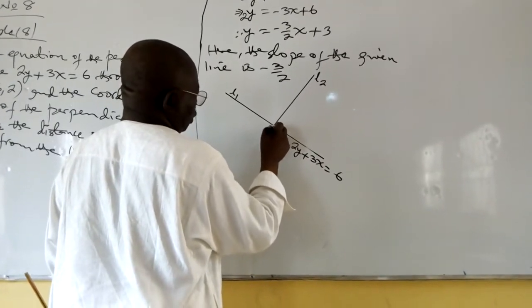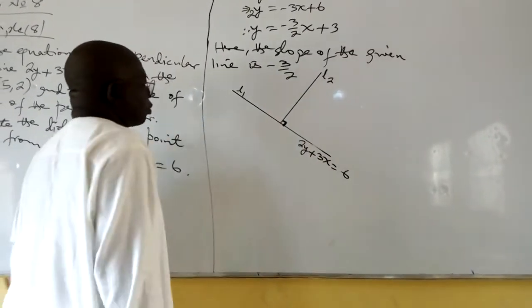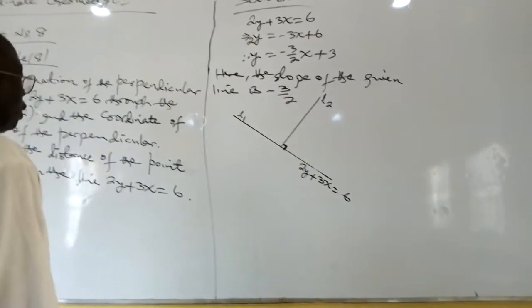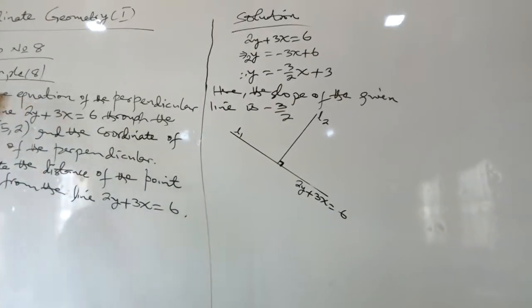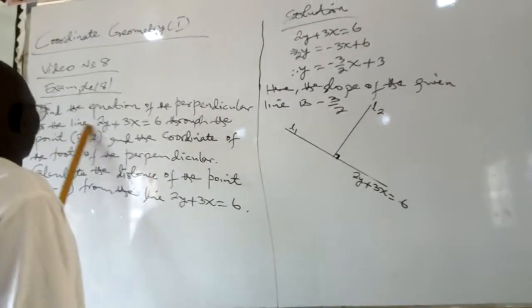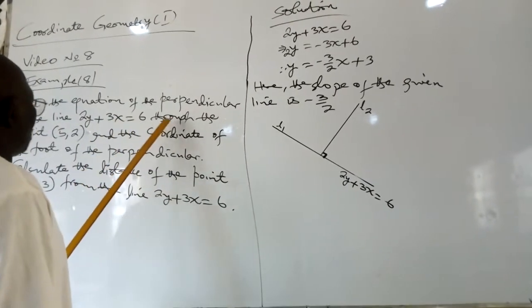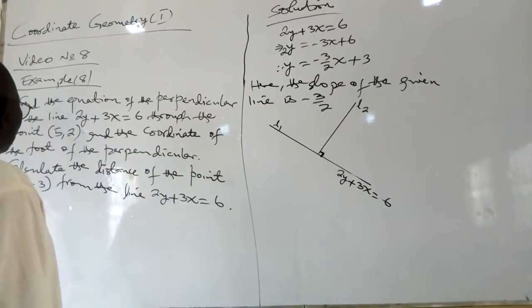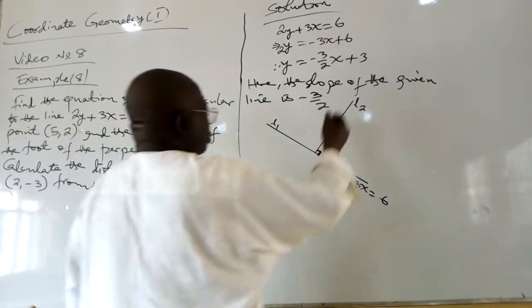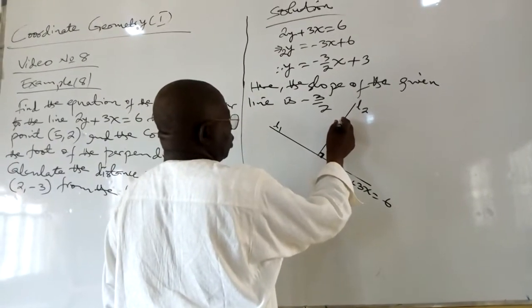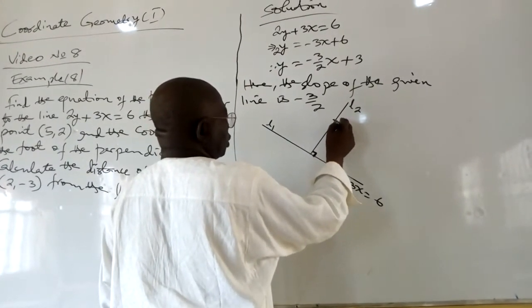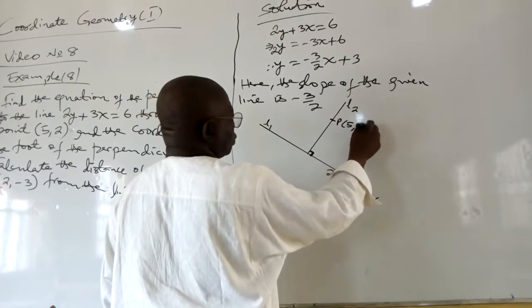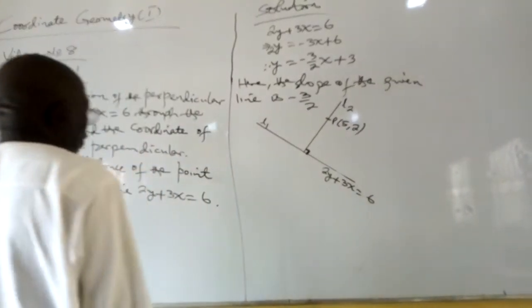This perpendicular line is passing through a point, call it point P, 5, 2.